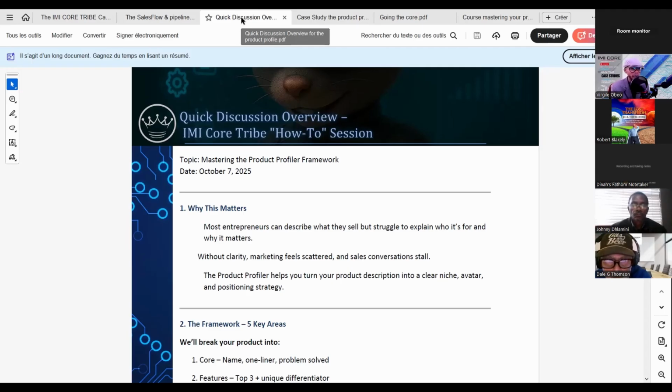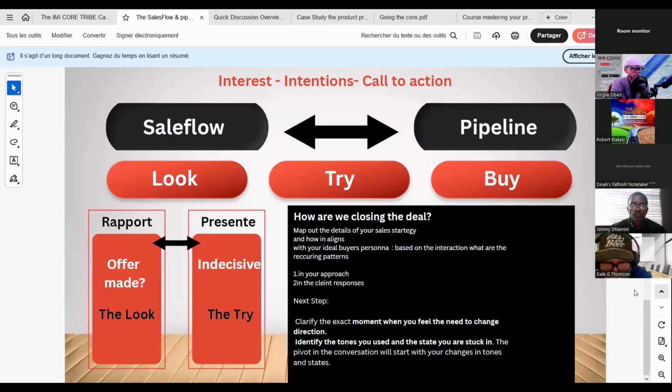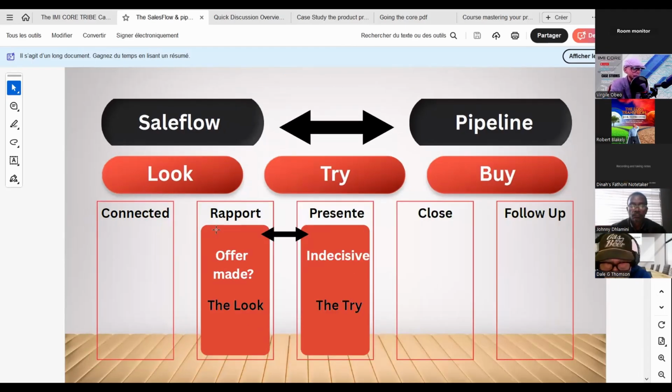And that's also a very important framework to have in mind constantly, because this again will come into play when you're stuck in this zone, right? What is the problem? I am in the rapport situation and I can't move forward.